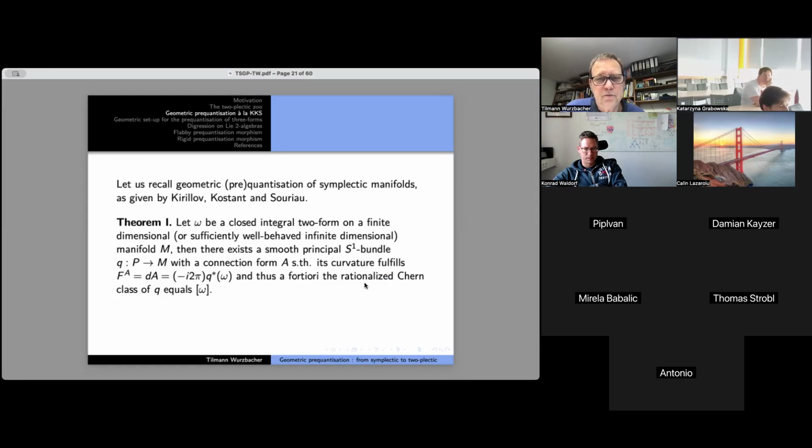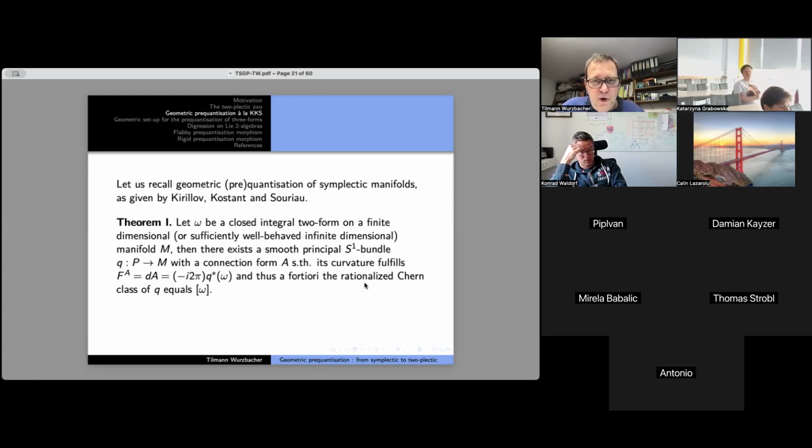In the naive sense, it's really a one form with values in the Lie algebra of S1, so it's in i times R. It's i times a one form. And it defines the splitting of the tangent spaces into the vertical space, which is just the action of S1, and the horizontal space isomorphic to the tangent space of the base manifold.